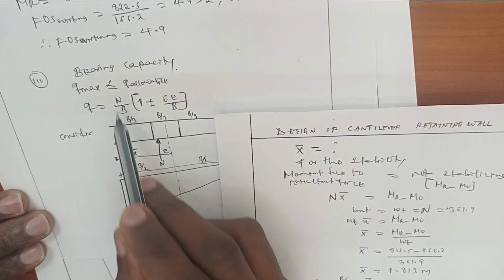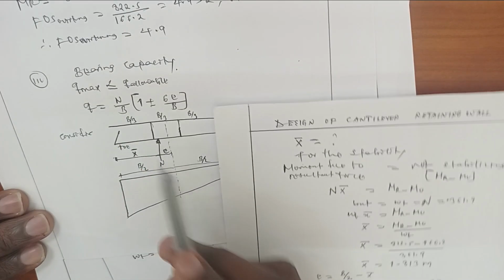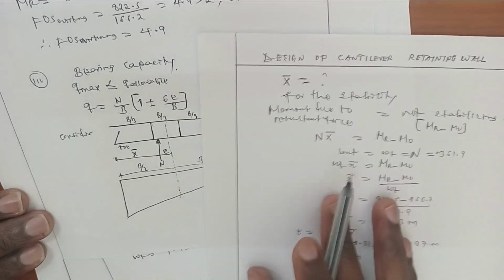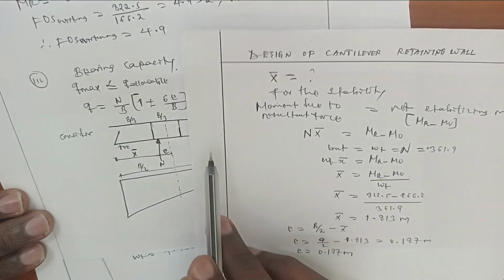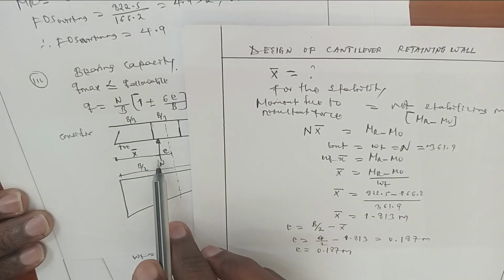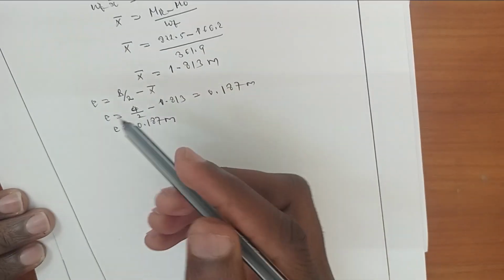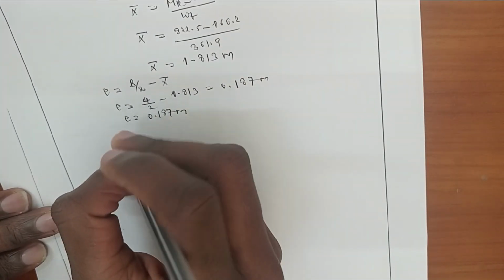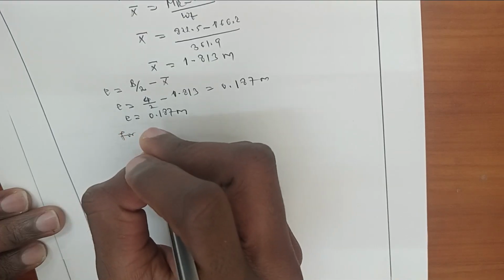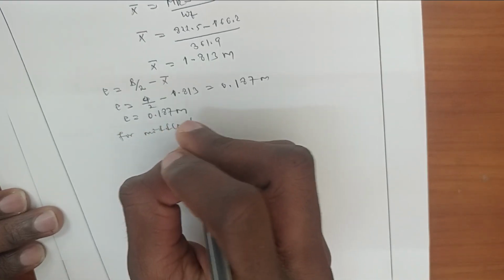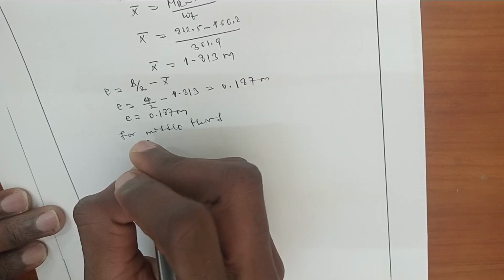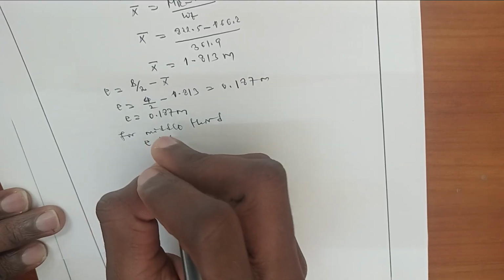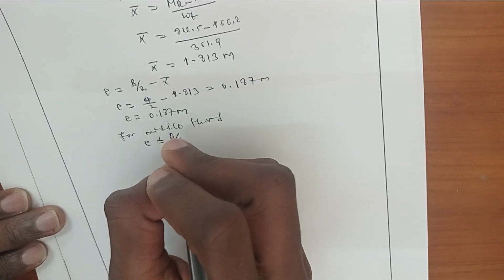Now, before applying the formula, as I said before, it is applicable only if this resultant force lies within the middle third. How can we know that the resultant force lies within the middle third? By using this concept: eccentricity should be less than or equal to base divided by 6.